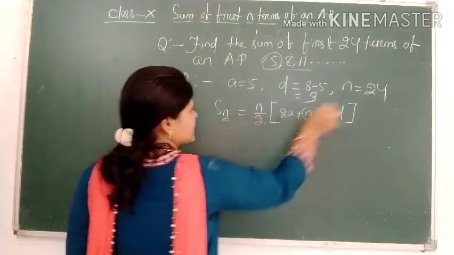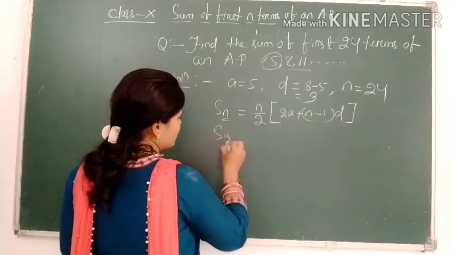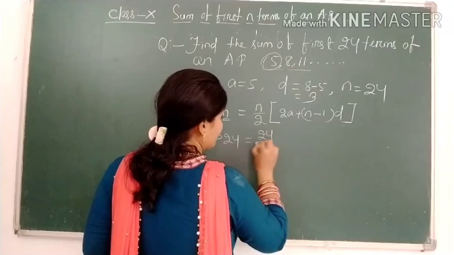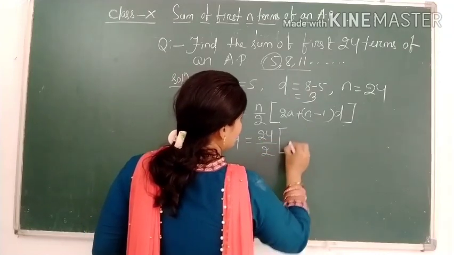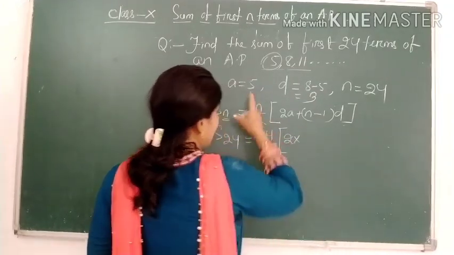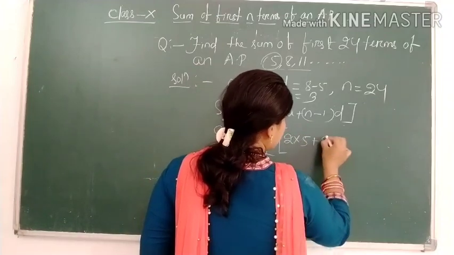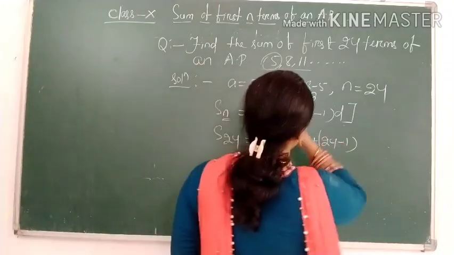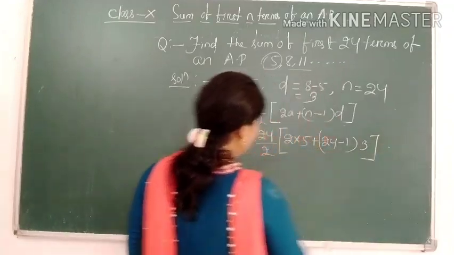So n is your 24. So put the value of n here. S24 is equal to 24 by 2 into 2 into a 5 plus 24 minus 1 into d 3.